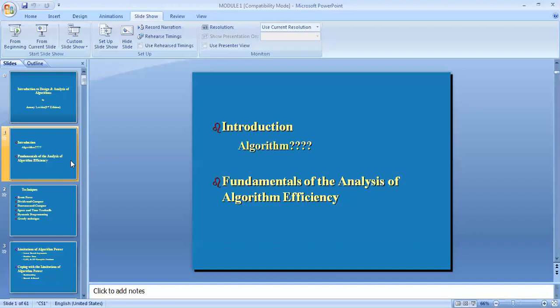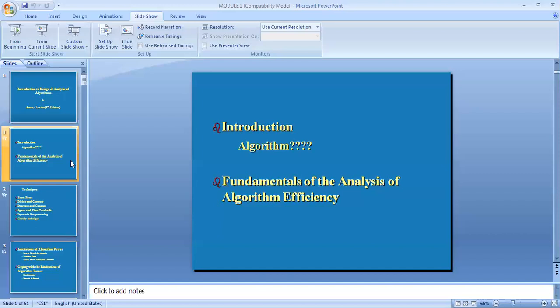suppose we take two numbers m and n to find the GCD of this m and n. Step number 1 is, if n is equal to 0, return the value of m as the answer and stop.